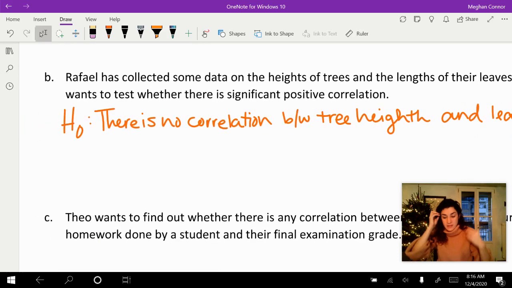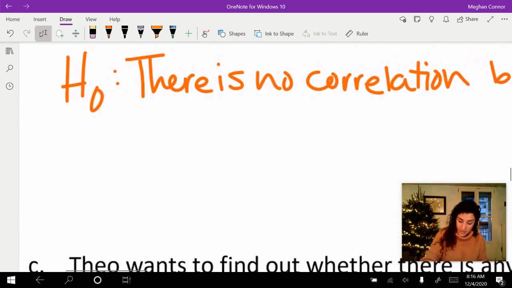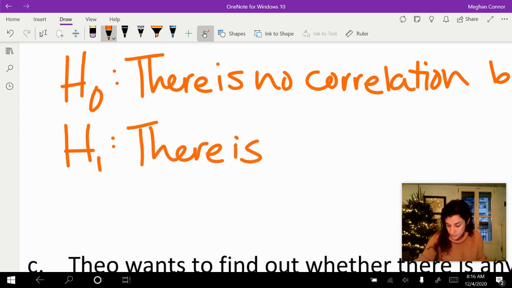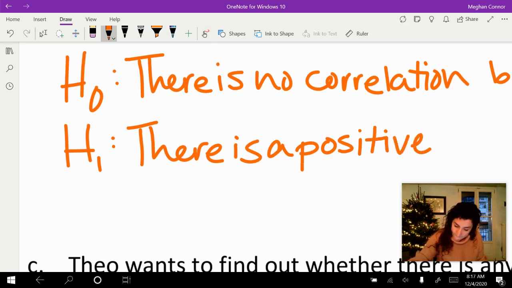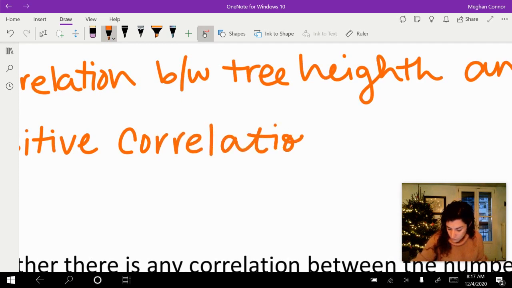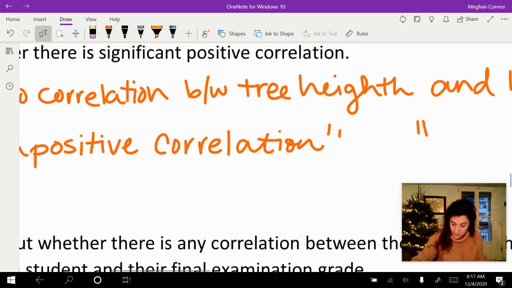So then the alternative hypothesis, because Raphael wants to test whether there's a significant positive correlation, that the taller the tree gets, the longer the leaves get. So the alternative hypothesis would be, okay, well, if there isn't no correlation, then there is a positive correlation between the height of a tree and the length of the leaves.